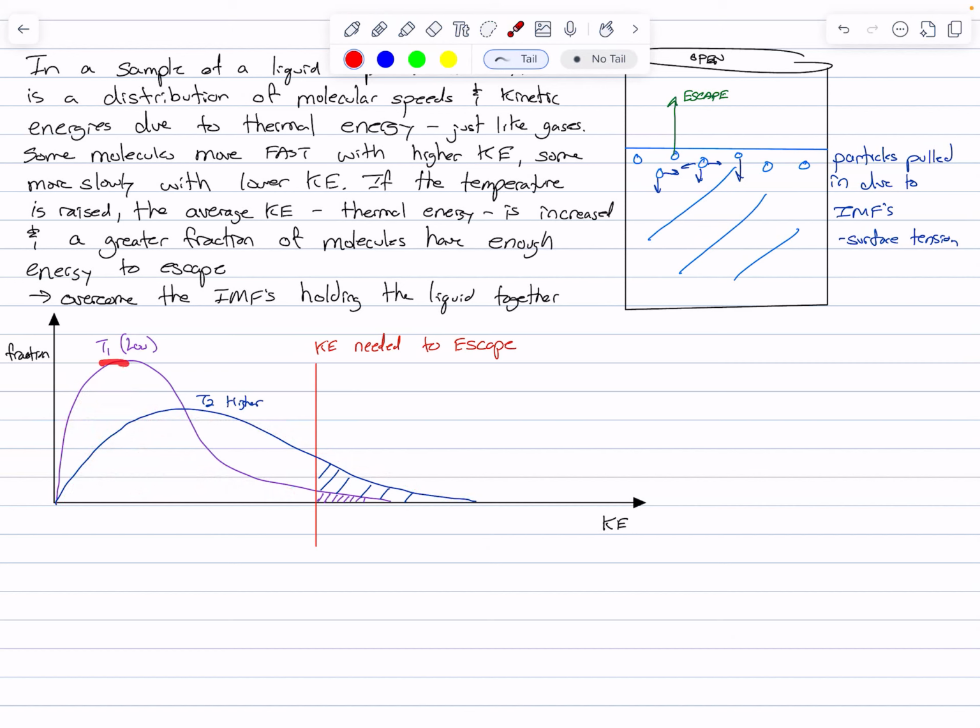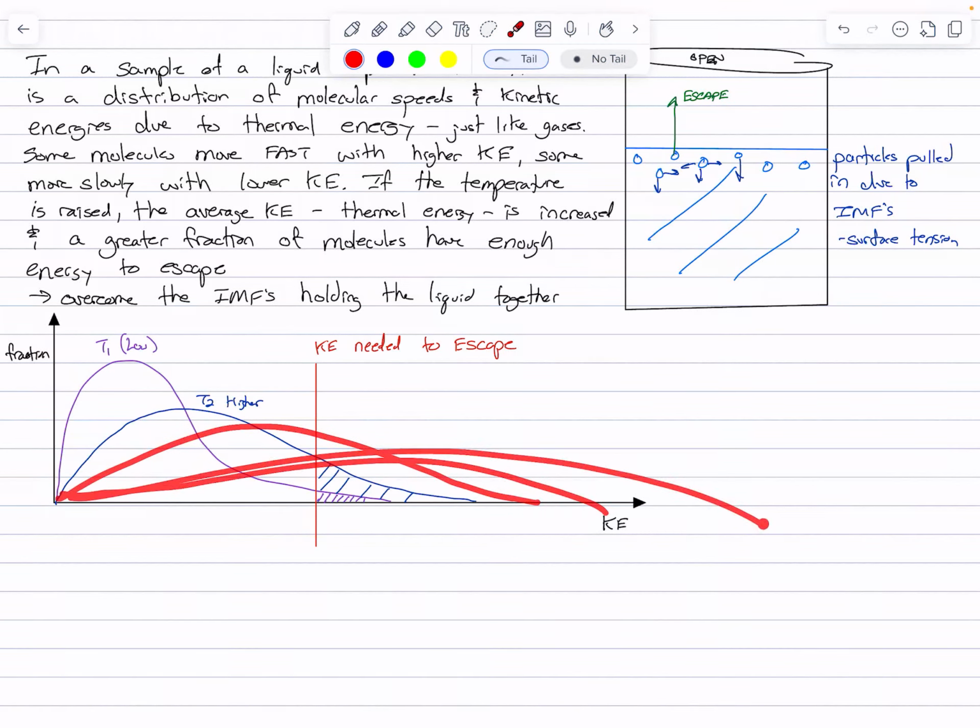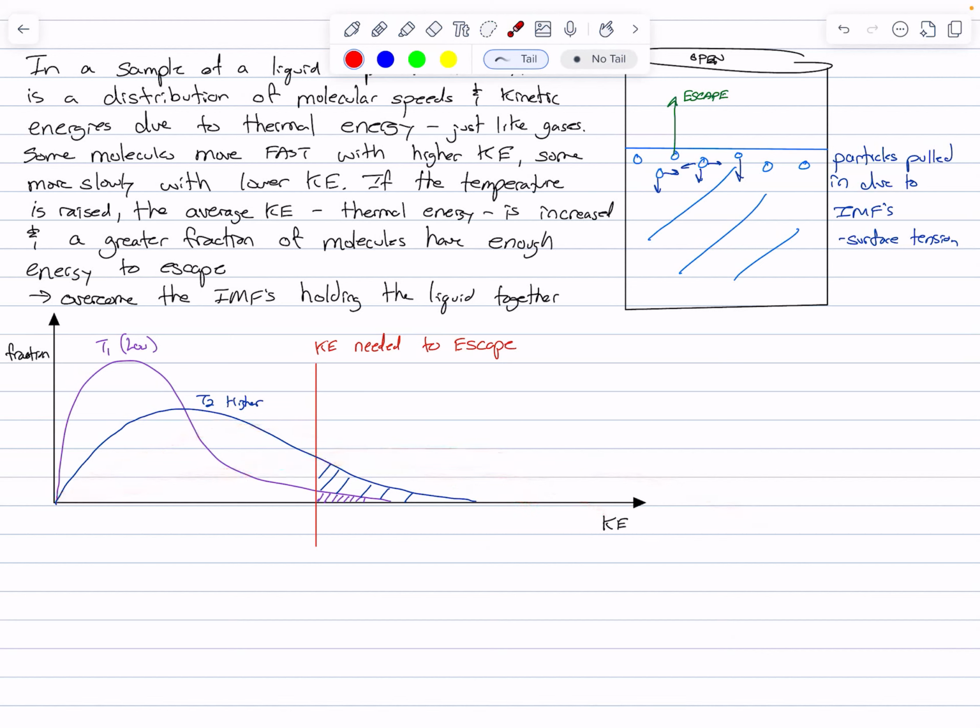So we go from T1 to T2. That means when it's colder, it has a more narrow distribution. As I get even colder, I can get even more narrow, but the area underneath the curve remains the same. So if it's colder, it'd be higher. And as we get warmer and warmer, this happens, and this happens, and this happens, if that makes sense. And so that's kind of what's going on.